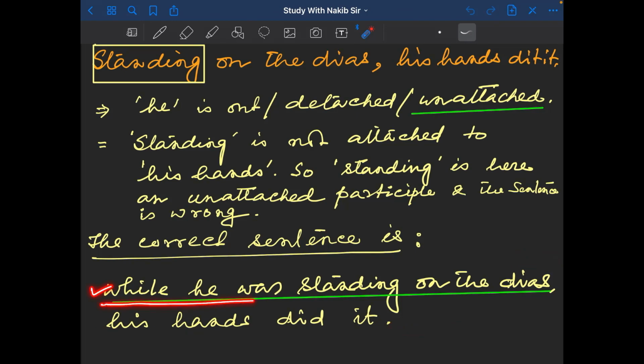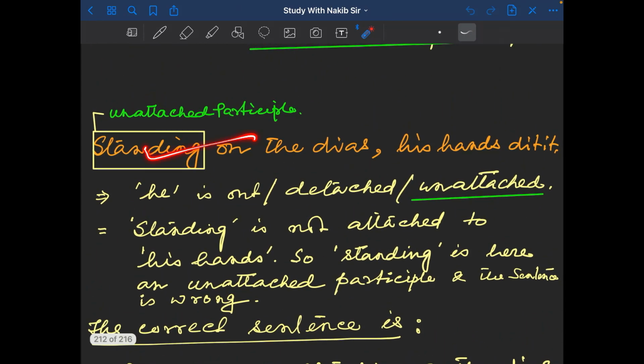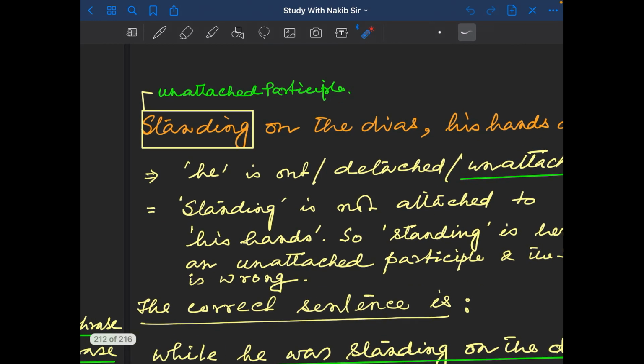This way use "he". Never use it the other way. It will always be attached to the subject, to the noun or pronoun it qualifies. Okay, this is called an unattached participle.